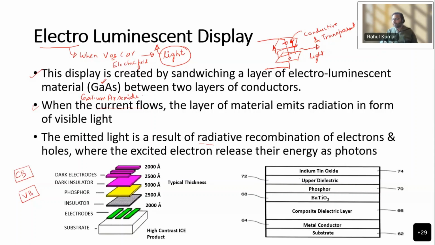So when we apply a current, the electrons from the valence band go into the conduction band, or they attain a higher energy state. Let me call it lower energy and higher energy level, just to explain in a general sense.